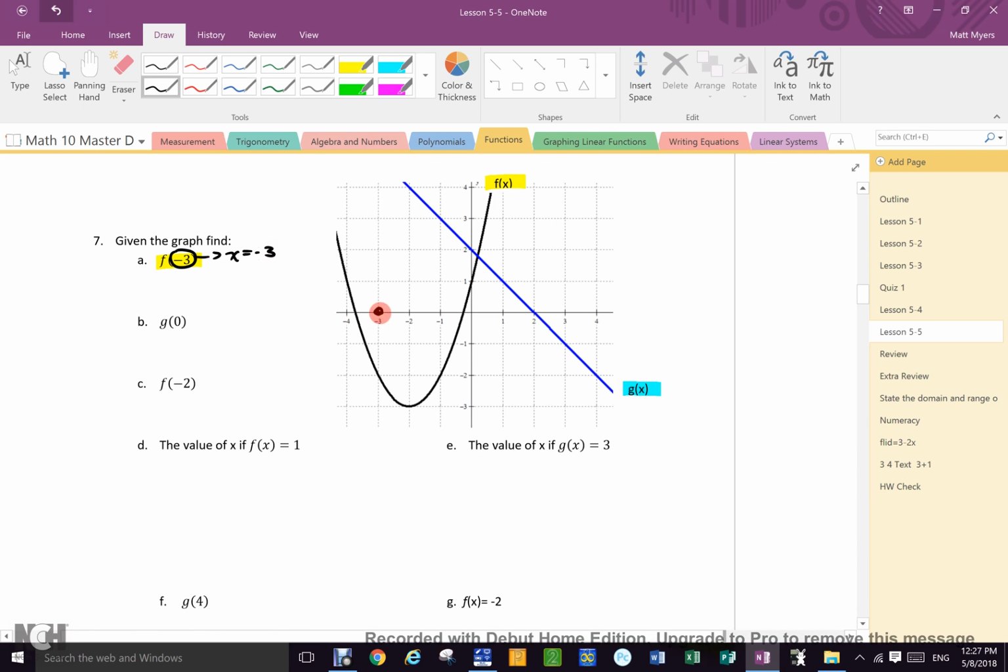Right there. Agreed? Now, everywhere on this line is x equals -3, correct? But I want the specific value on the f of x curve, which is where? Right there, correct? So what is the y value?